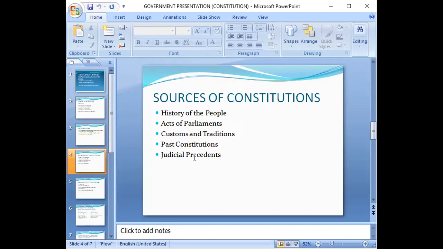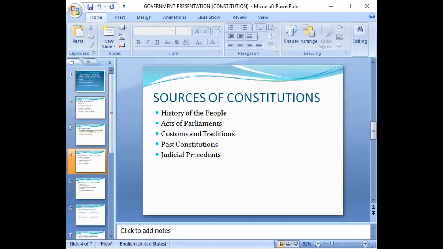And so if you are conversant with your religion, your ethnic group, there is always history to these things. So for the history of the people, to establish a constitution, you must take into consideration the history of the people in preparing what will be the bundle of rules that will guide these people.